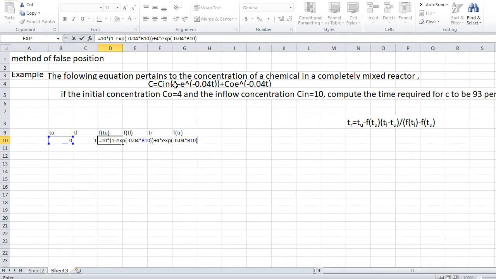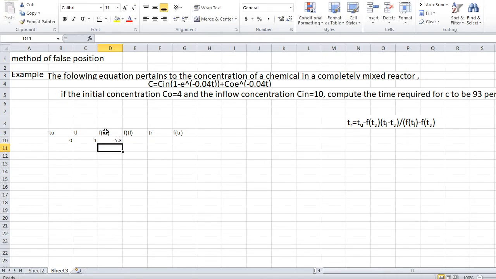And by shifting this C toward this side, as I said that C is 9.3, so minus 9.3, equal. Similarly drag for this one.